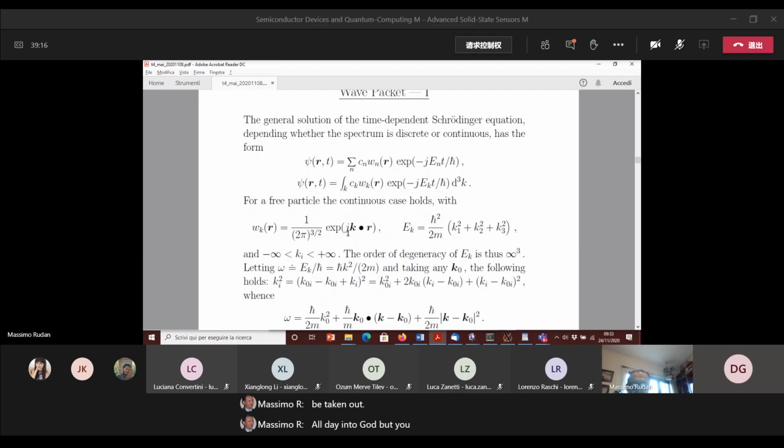But you may imagine also that in the space part of the wave function, we also replace k with k minus k0 plus k0 in order to have the difference k minus k0 visible. By doing this, we also have a term of the form j k0 dot r that does not depend anymore on the integration variable. So we can extract this j k0 dot r from the integral.